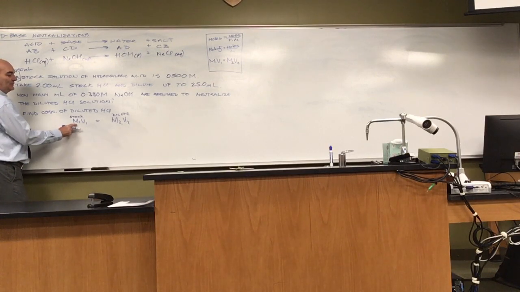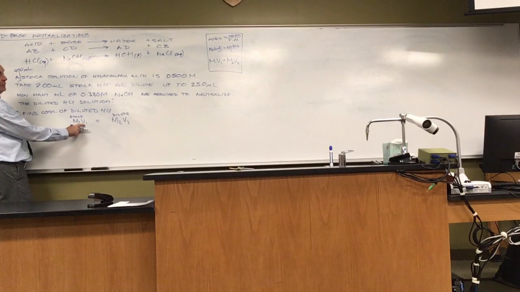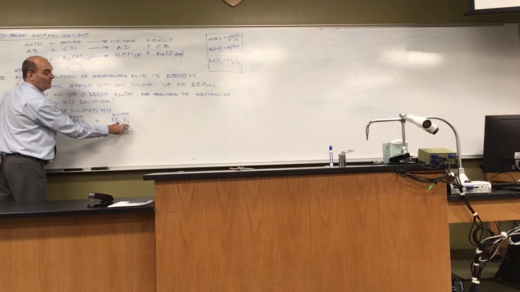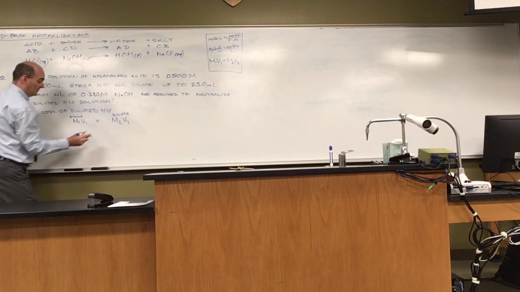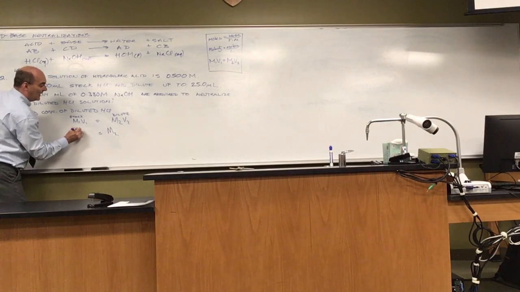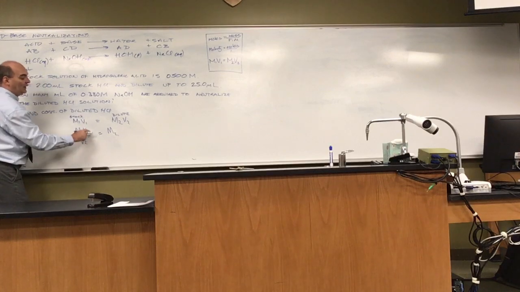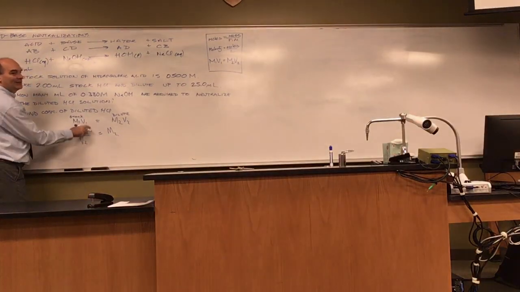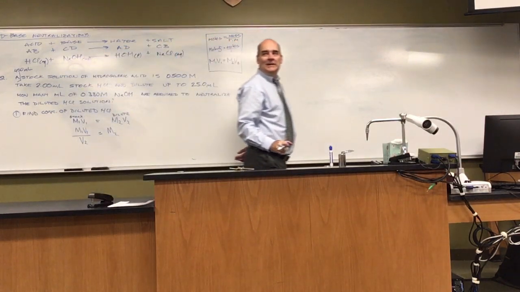So I know its molarity and I know its volume. I also know the volume that it's been diluted up to. What I'm trying to find is its new concentration. This is just like we did a second ago. So M1V1 over V2, and as long as those volumes are in the same units, they better both be milliliters or they better both be liters.